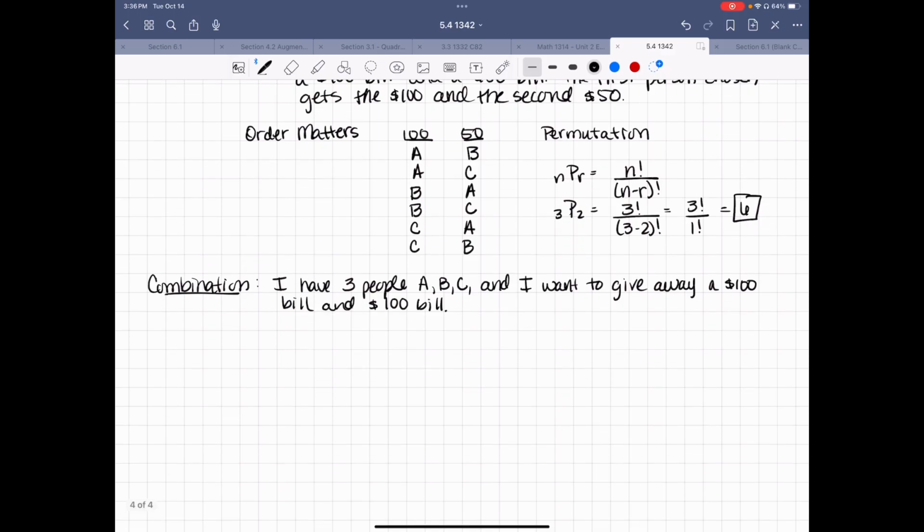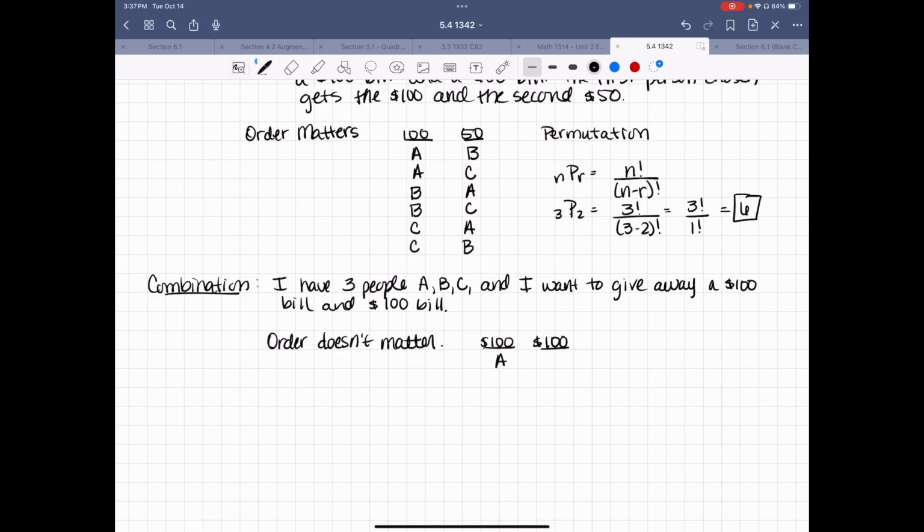Okay? Order doesn't matter here when you draw the person. We're looking at who gets a $100 bill. No matter if you're picked first or you're picked second, you still get a $100 bill.